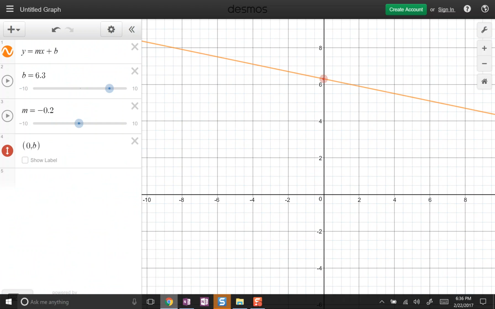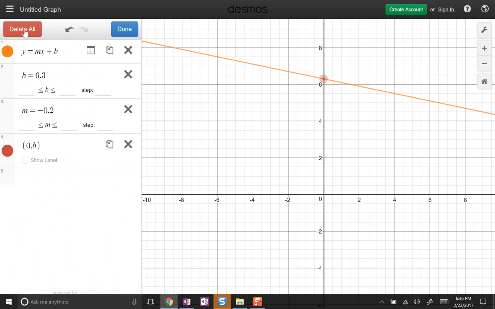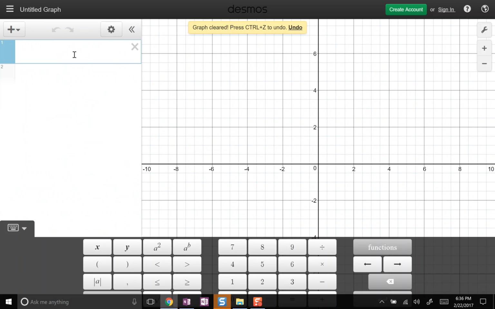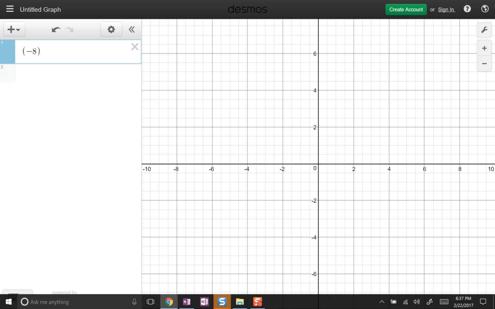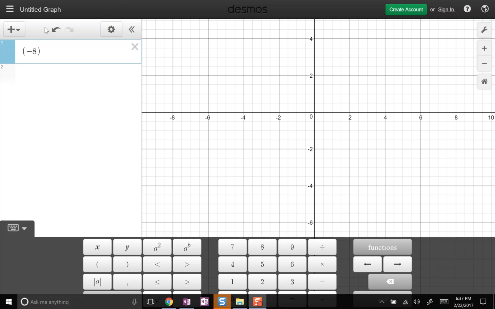We can see this clearly from Desmos. Let's go back here and delete all. We can see this in Desmos by plugging in our slope, which is -1/2, and the point that we want to plug in, which is (-8, -5).